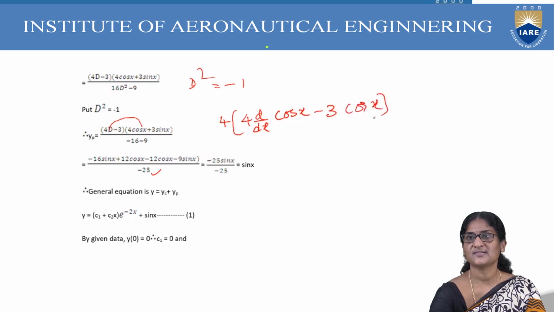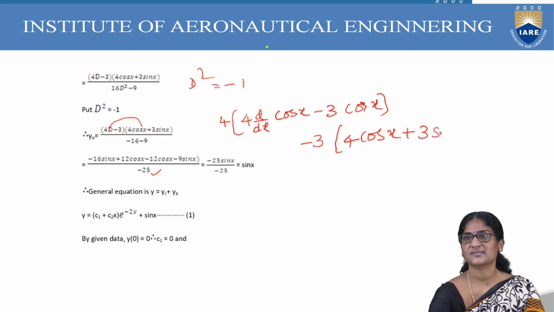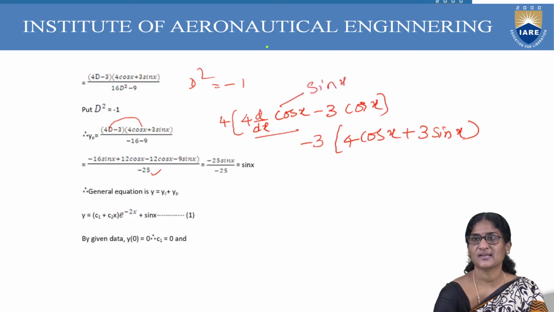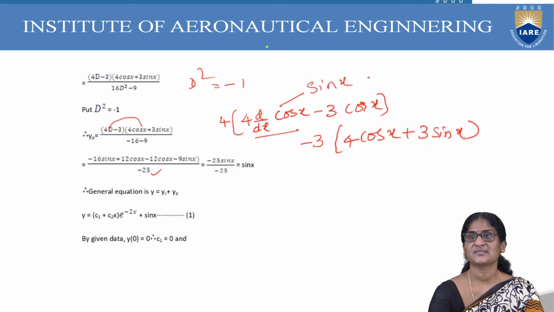Okay, this is the first term, minus 3 into 4 cos x, plus 3 sin x. So what are you going to get? That is 4 into 4, 16, 16 minus 12. What is the derivative of cos x? That is nothing but minus sin x.